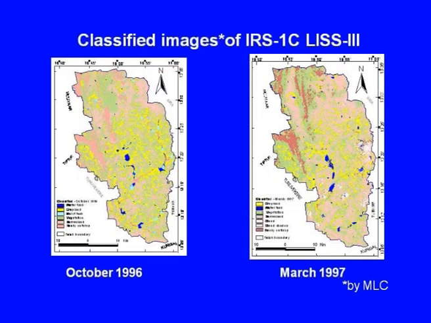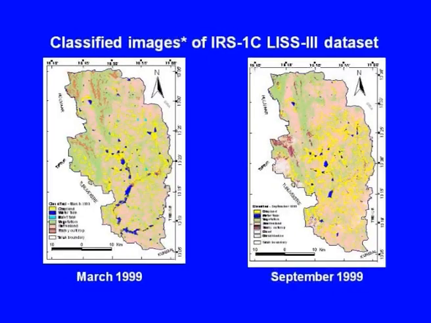What we can make a direct assessment is how the water bodies have changed with time, because this would be an indicator of the availability of water not only on the surface, but also may provide indirect indicators to the availability of water within the ground, the depth to which the water may be available.